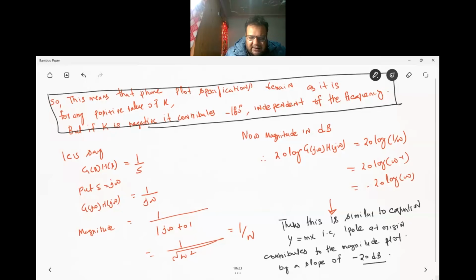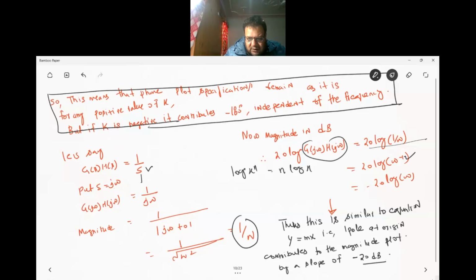Now we will see how the pole adds minus 20 dB. The pole is basically the denominator function. Put s equal to j omega, so 1 by j omega, and the contribution due to the pole is 1 by omega. Now you need to convert this 1 by omega into dB form, so you write 20 log 1 by omega, that is 20 log omega to the power minus 1. Here you can just use the formula log x to the power n equals n log x.